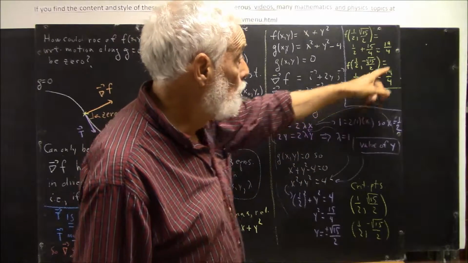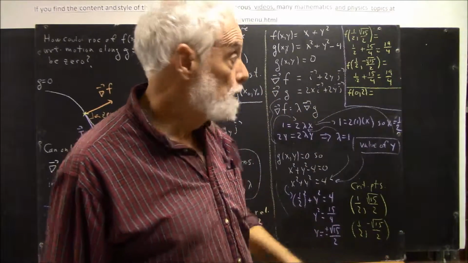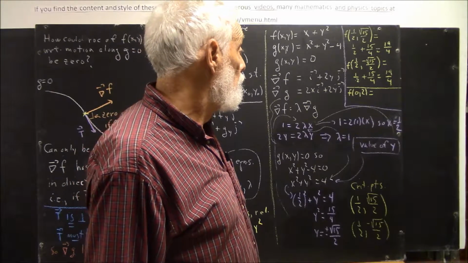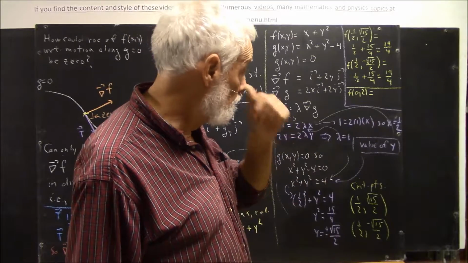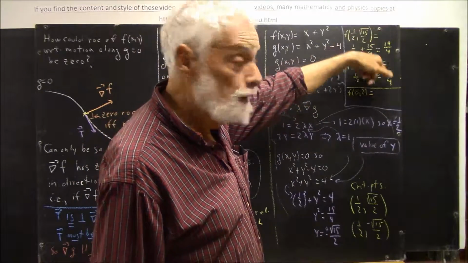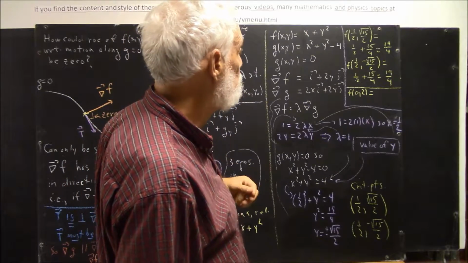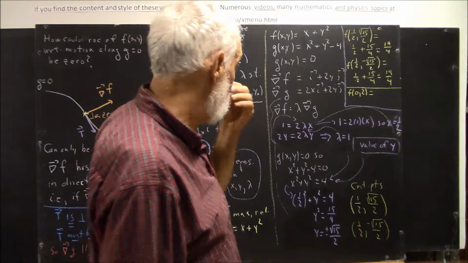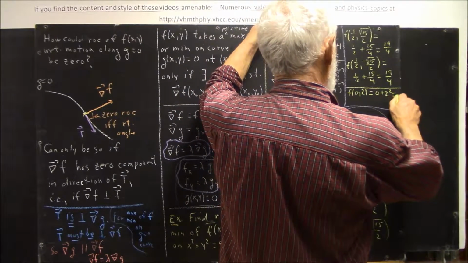If we get something more than 19 fourths, then we're pretty sure that 19 fourths is going to be a minimum value. If we get something less than 19 fourths, then we're pretty sure that 19 fourths is a maximum value. So let's see. f of 0, 2 equals what? Well, it's 0 plus 2 squared, which is 4.